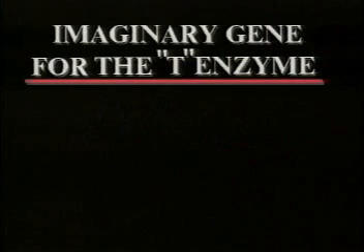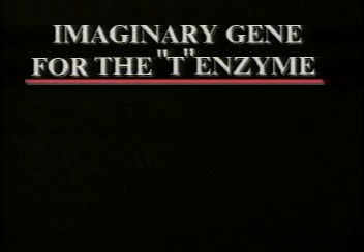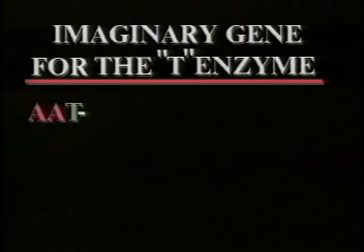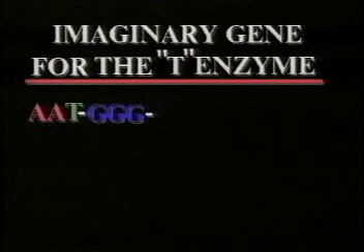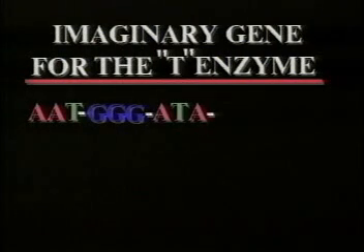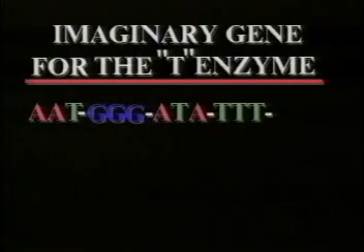To further understand these concepts, let us imagine that the gene for the growth factor enzyme, T, in pea plants consists of the following chain of genetic code words on the DNA: AAT, GGG, ATA, TTT, CGC.